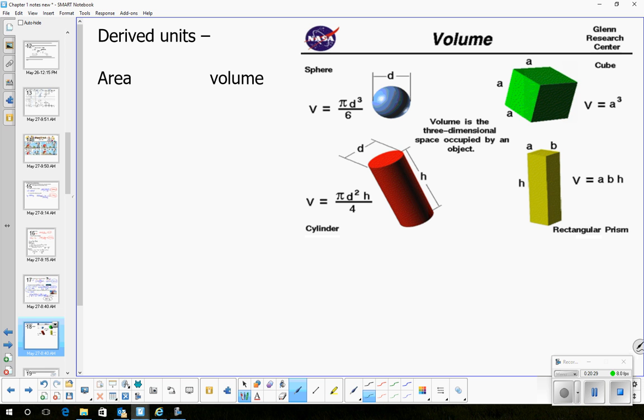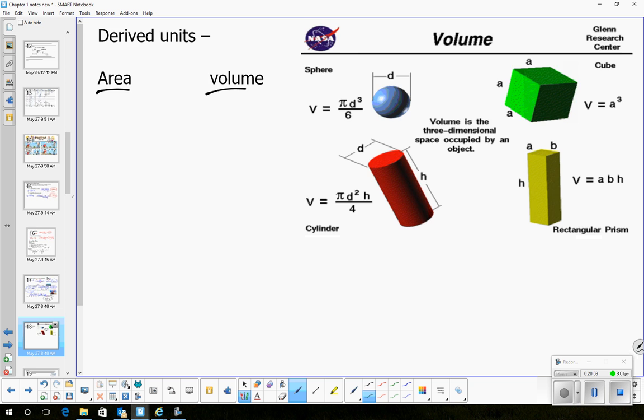But you need to be able to find the area and the volume, so the outside area and the inside volume. I have given you the volume equations. If you don't remember the area equations, then you need to look those up. I've also given you the volume equations with diameter, because when you're in lab, you're measuring diameter, not radius. So it's easier to do calculations with a diameter. Enough said there.